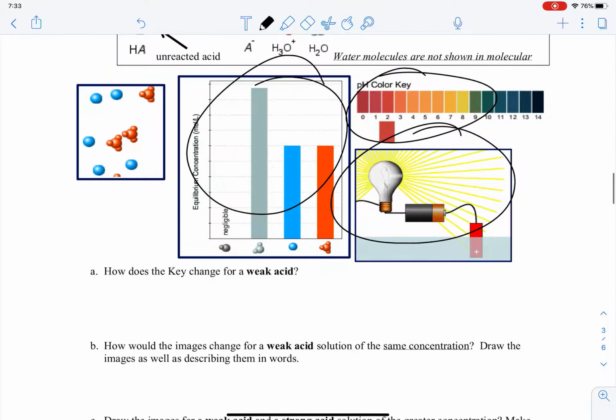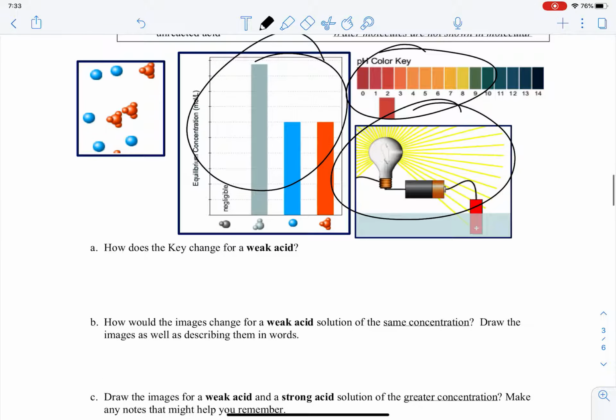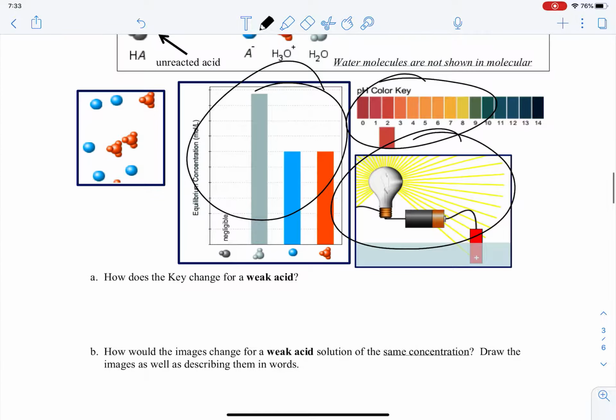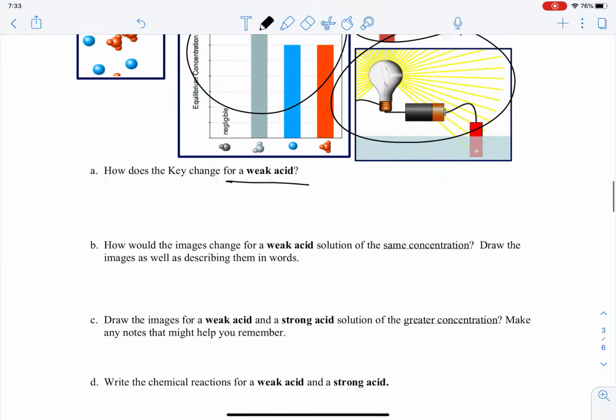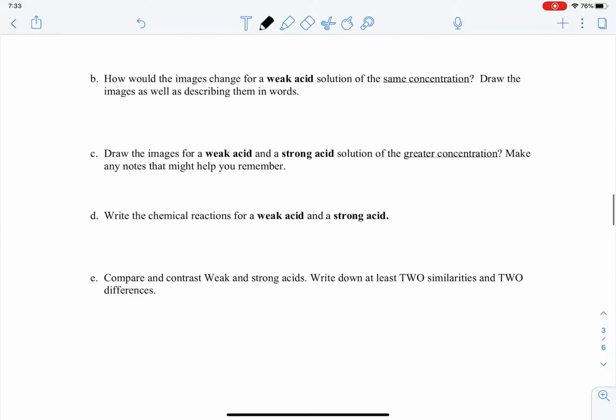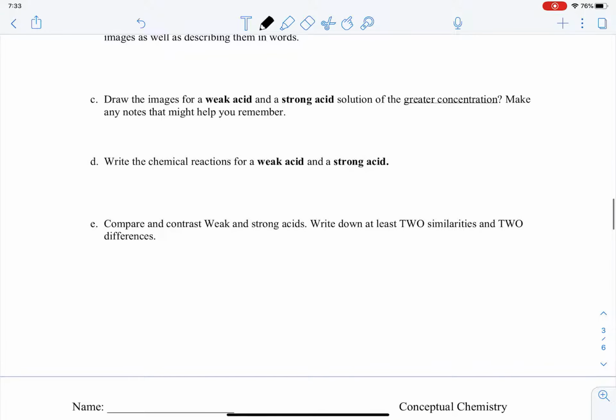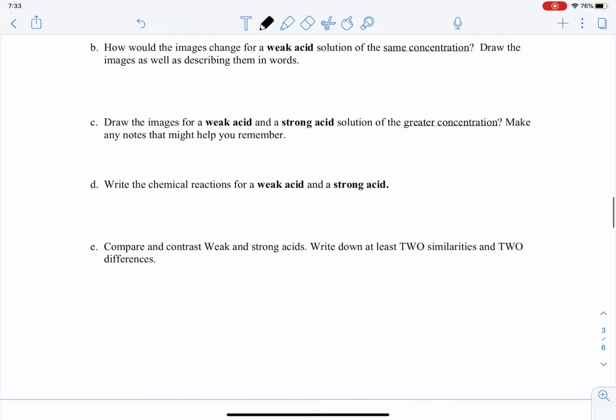We can use this to compare strong acids to weak acids, going to weak acid to see how it's different from a strong acid. These questions are basically comparing and contrasting the two. So that's basically it. Play around with the simulation, get used to it, and make sure you understand it before you start answering the questions, and I will talk to you guys later.